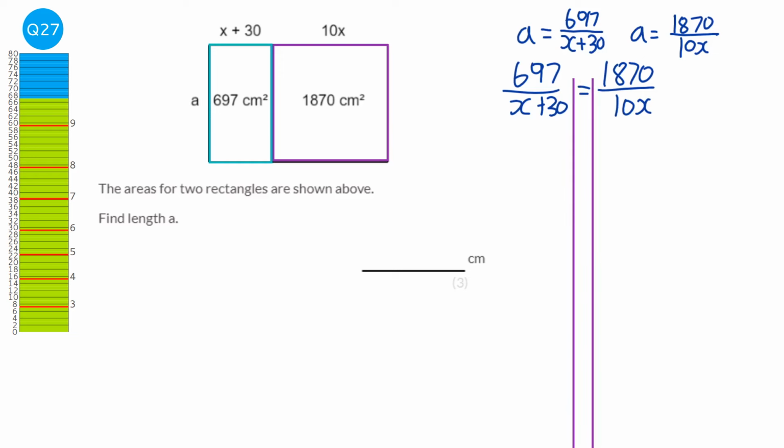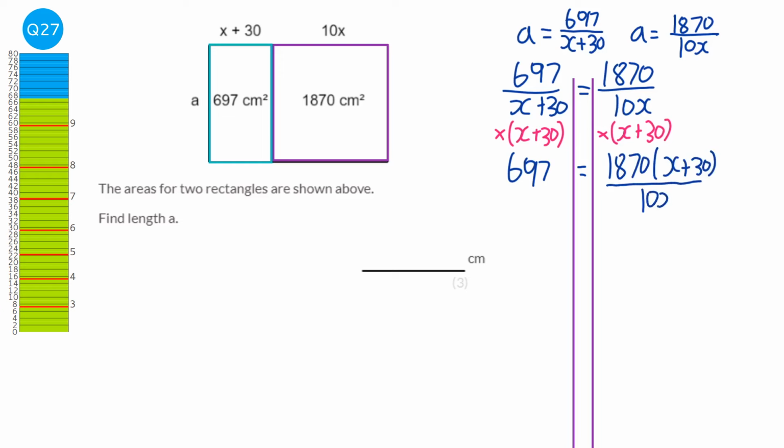And I'm going to times both sides by the x plus 30 so I can get rid of the denominator on the left hand side. And so this will just be 697 on the left hand side because that gets rid of the denominator. And it will be 1870 times x plus 30, and then all of that over 10x. Same thing again, but I'm going to get rid of the denominator on the right hand side, so I'm going to times both sides by 10x.